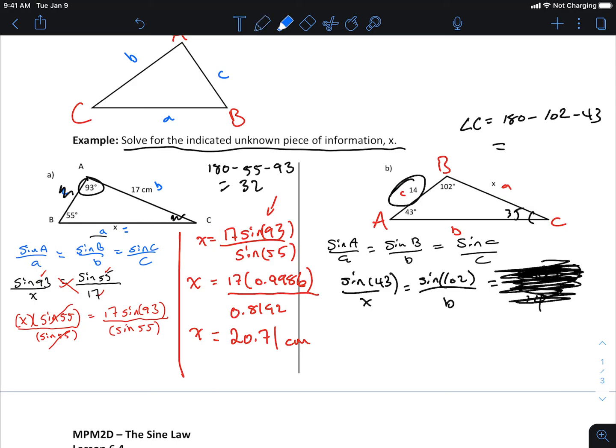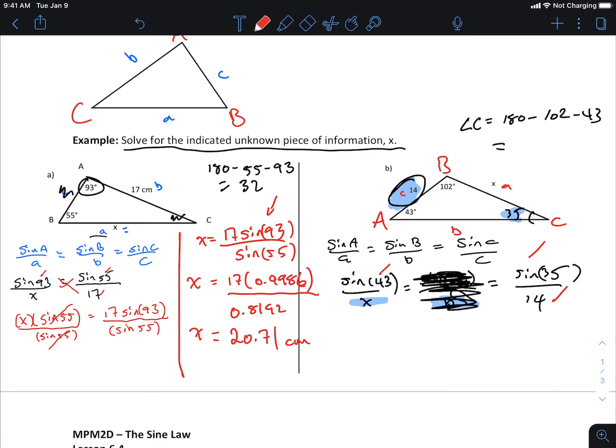No, because I don't know side length B, and I also don't know side length A. So I'm stuck, which is why I'm relying on finding side length or angle C, and I know side length C. Now I have 4 pieces of information. I can basically ignore B altogether, right? Because now I have 4 pieces of information. All right, I have 3 and I'm trying to find the 4th. Okay?